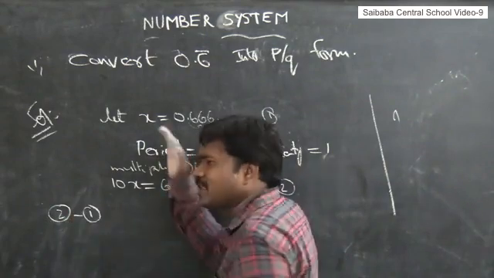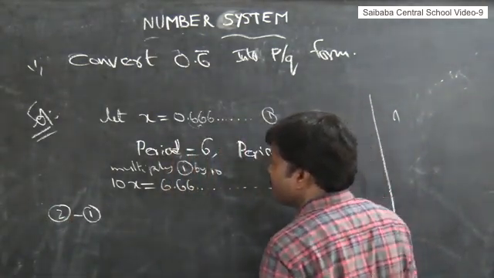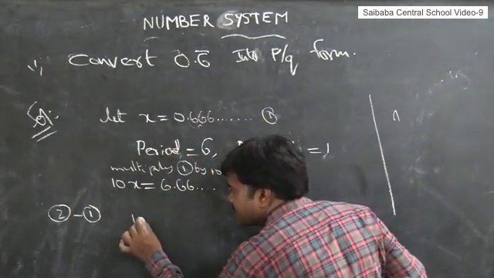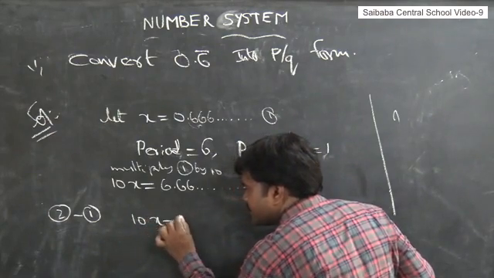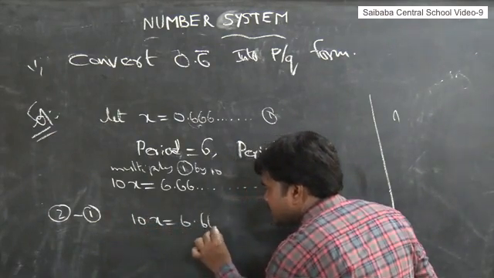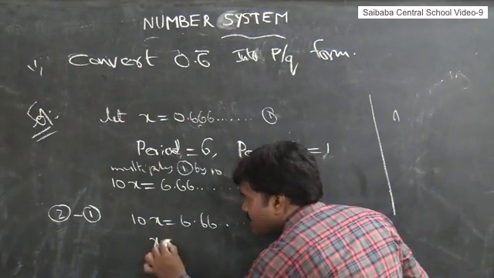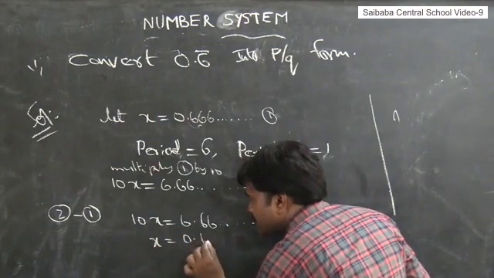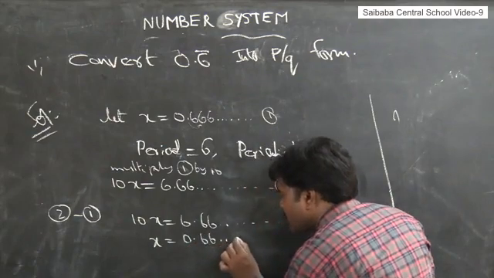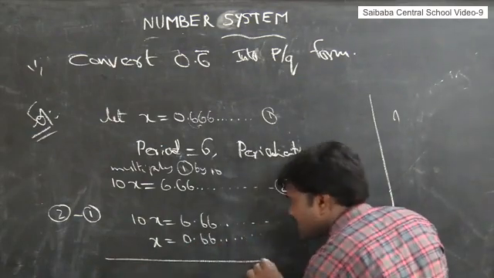This is the procedure for all problems. 2 minus 1. What is 2? 10x is equal to 6.66 and so on. What is 1? x is equal to 0.66 and so on. Subtract.